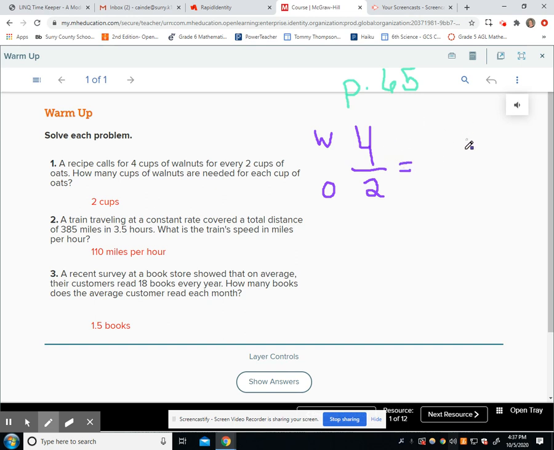Well, what I want to find is how many walnuts per cup of oats. I know this is a unit rate because I have this keyword there. That clue word, that keyword is each. That means 1. So, there's different ways I could approach this problem. One way is I could say, okay, how do I make 2 equal 1? I divide by 2.